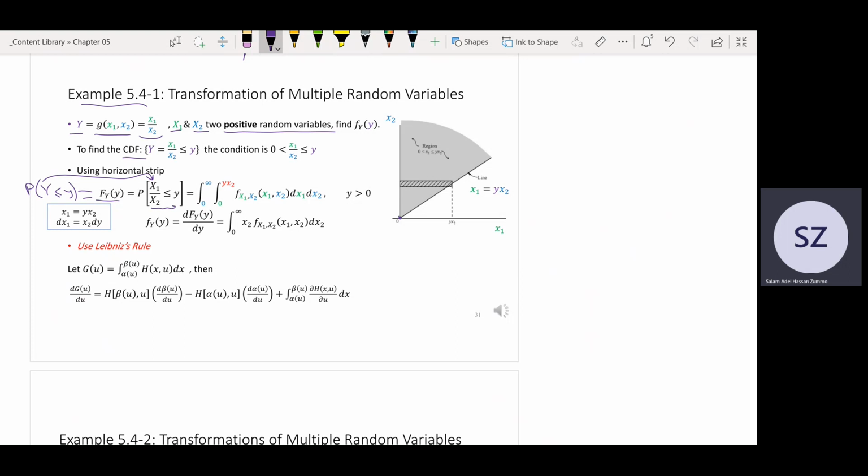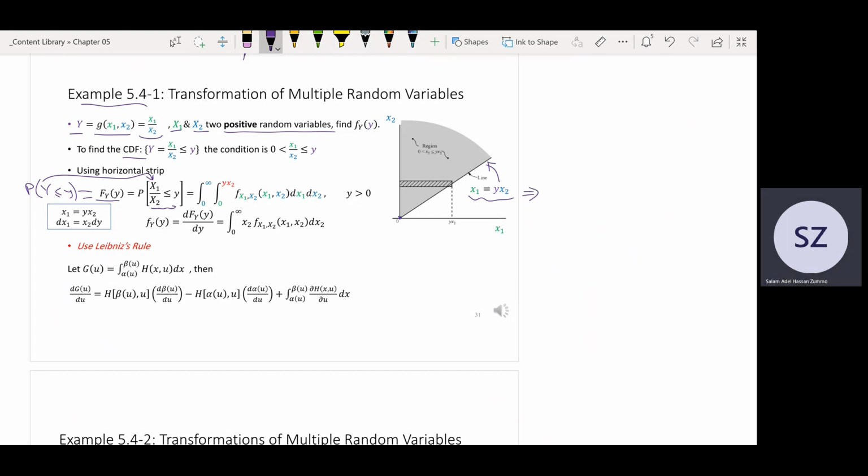So now what do you do? When is x1 divided by x2 less than y? Simply, you need to define a line, x1 equals y x2. This will be the line. So x1 is equal to y multiplied by x2. Now, what is our region here?